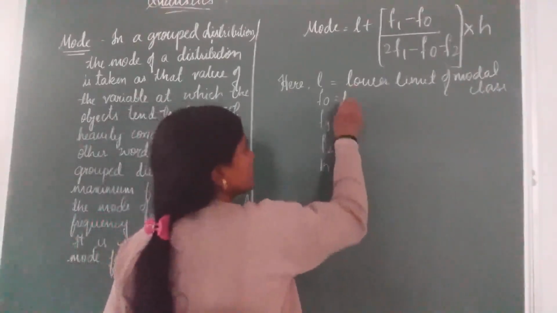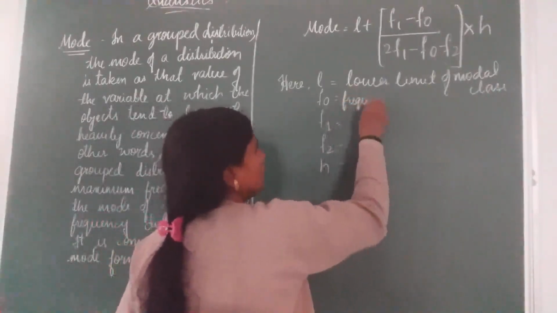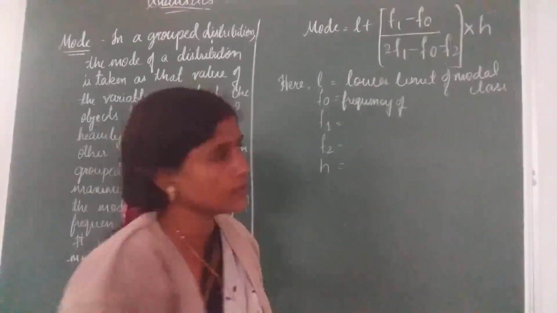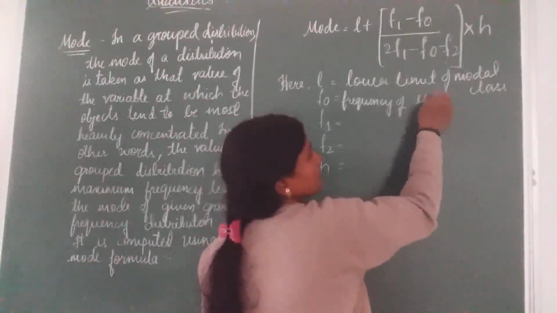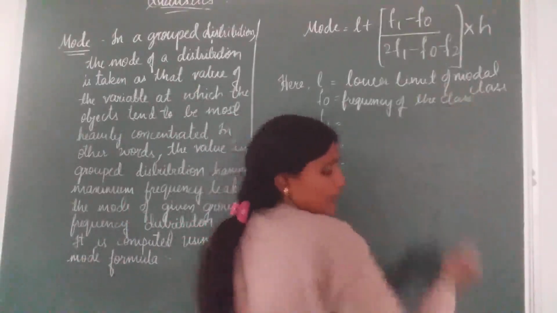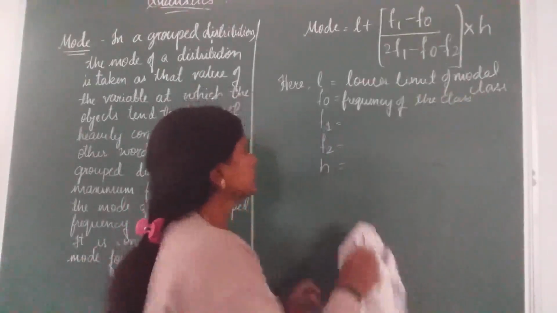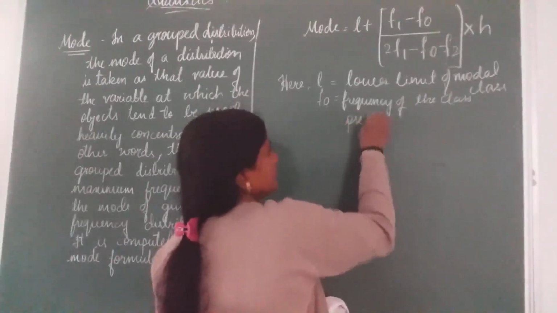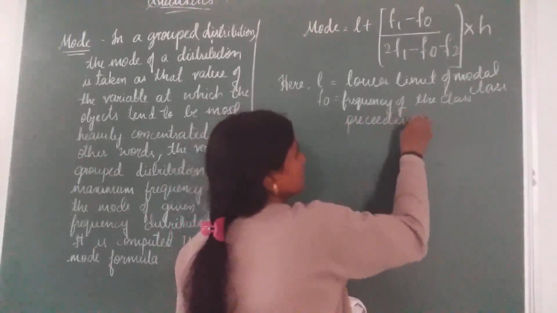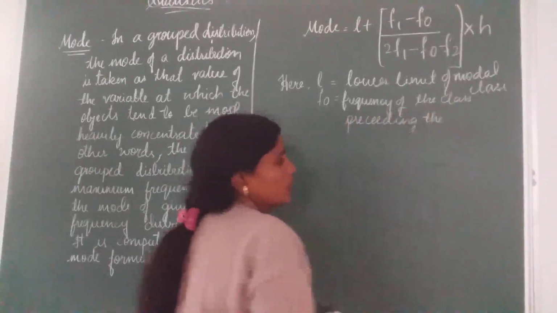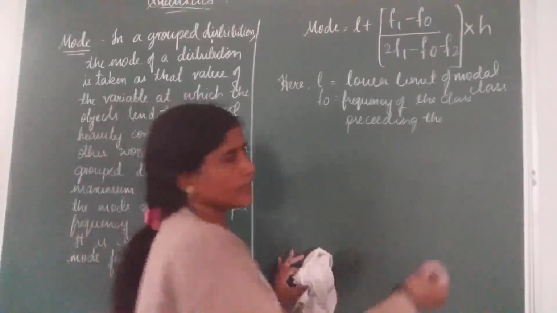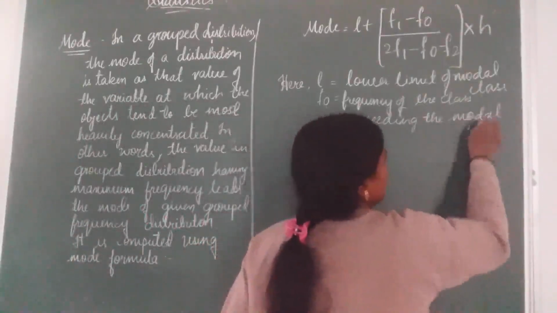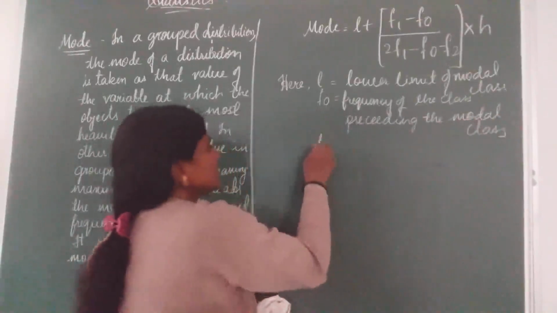Next, F0 is nothing but the frequency of the class preceding the modal class. So next F1.